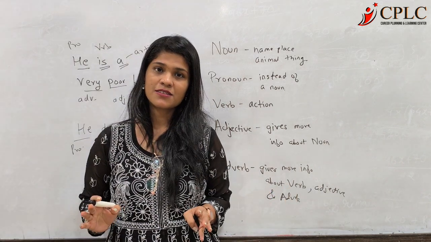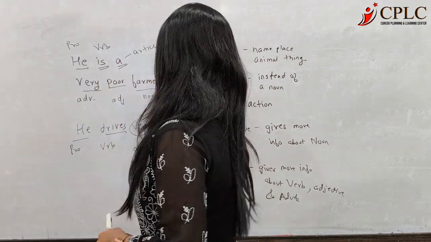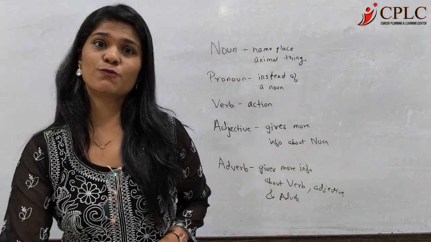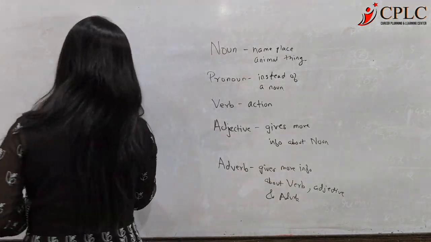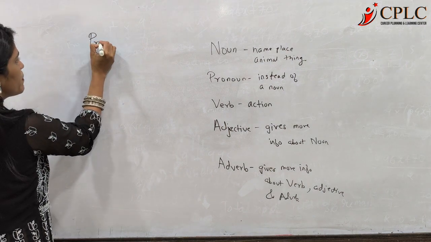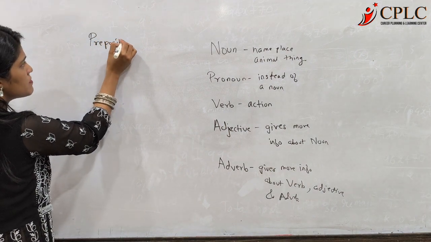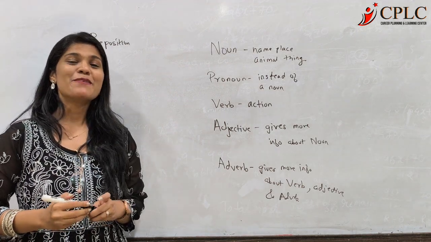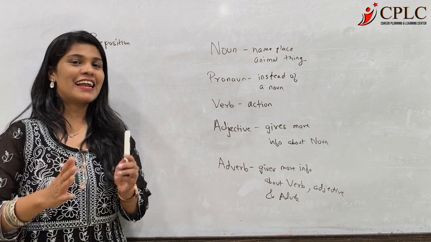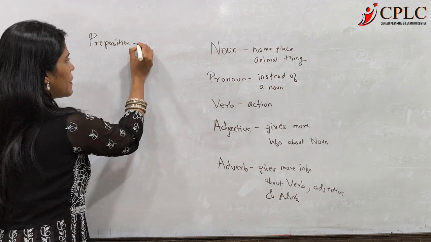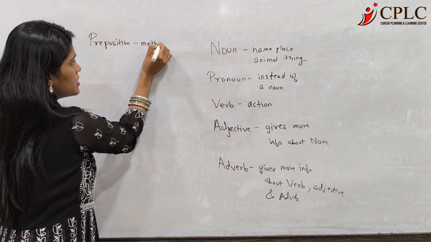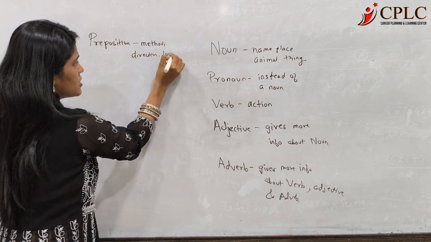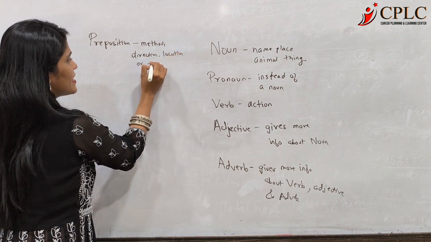Is this clear? Alright. Now that you know what an adverb is, let us move to the next part of speech, which is a preposition. What's a preposition? A preposition is something that gives more information about method, direction, location or time.